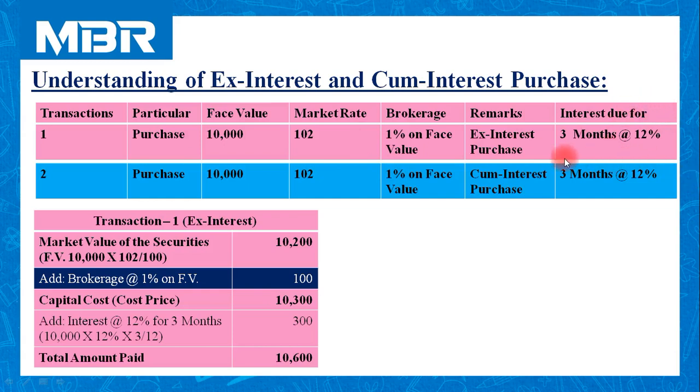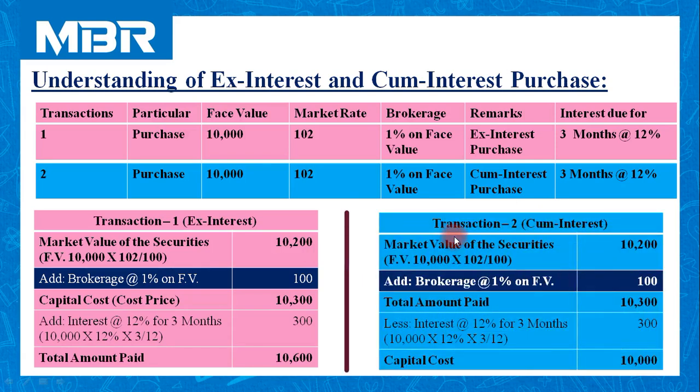Interest due for the period of 3 months at the rate of 12%. Only the difference in transaction number 1 and transaction number 2 is transaction number 1 was X interest and transaction number 2 is cum interest. I have selected these kind of details because you can easily compare calculations of cum interest and X interest.